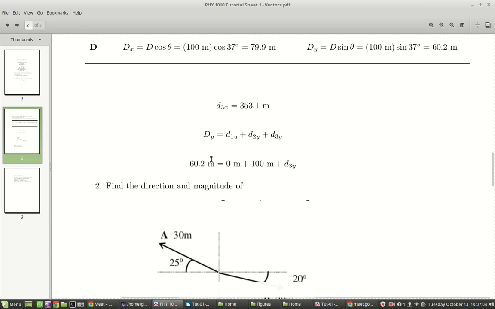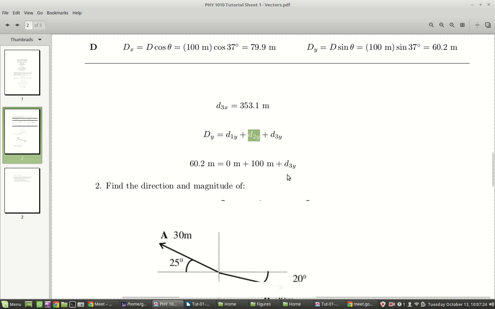So dy is 60.2 meters, d1y is 0 meters, d2y is 100 meters, then d3y.